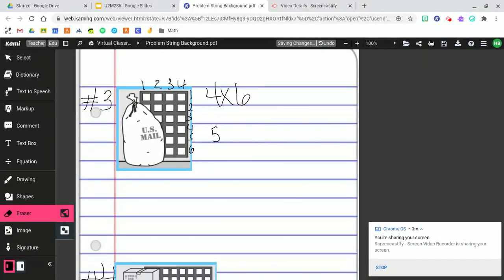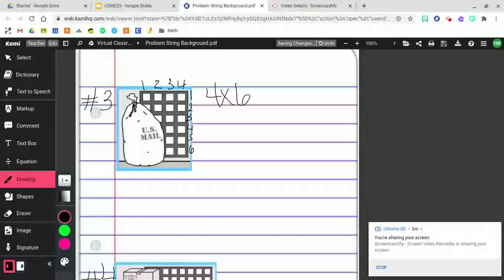Let's just go back. Ms. Beeman is being silly. I know that I can use my number line to figure this out. So I know I can start at 0. I know I'm going to hop 4 groups with 6 in each. So I'm going to add 6, which will get me to 6. I can add another 6, which will get me to 12.